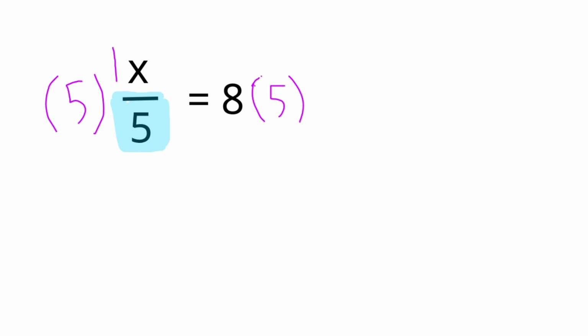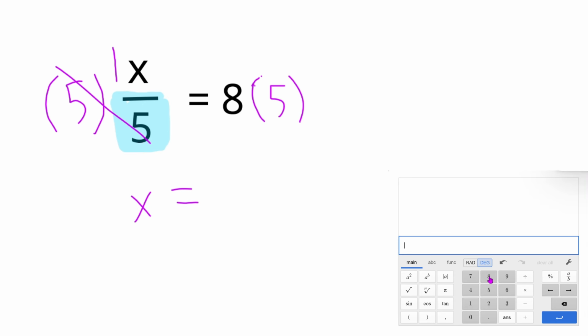If you put 5 of your 1/5s together, you end up with 1 whole. So now you have x, 1x, isolated all alone by itself. And then on your right side, you have to take 8 and multiply it by 5. You will get 40.